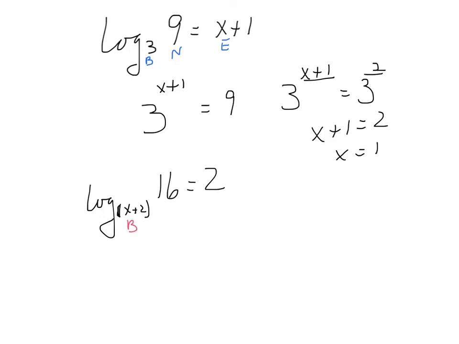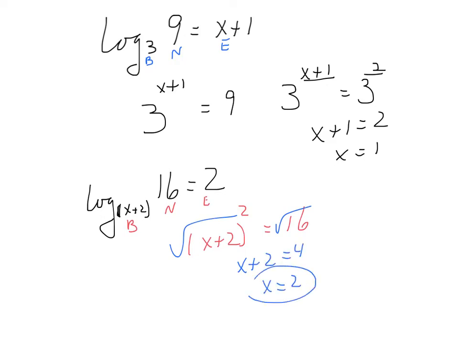This is my base, this is my number, and this is my exponent. And so my x plus 2 would get raised to the second power, and that would be equal to 16. So when you square root both sides, you will end up with x plus 2 equal to 4. And of course, x would equal 2.